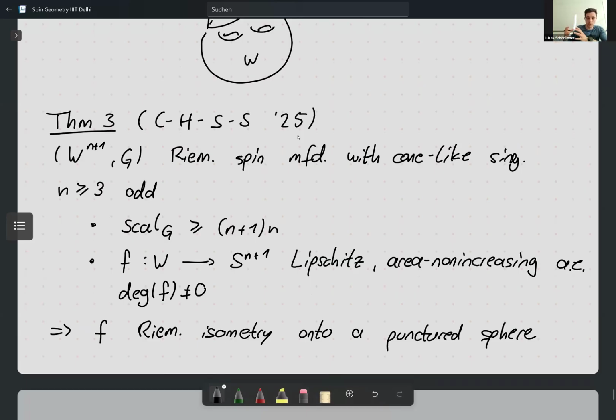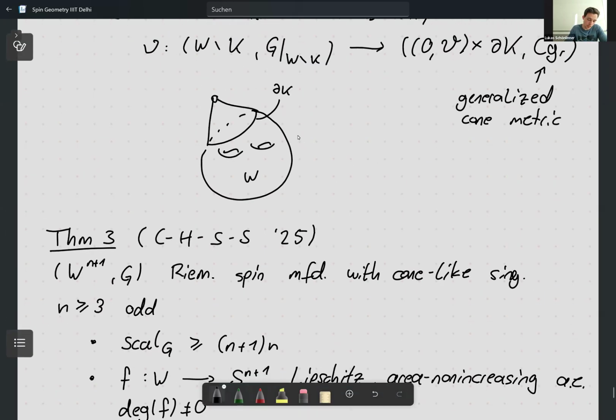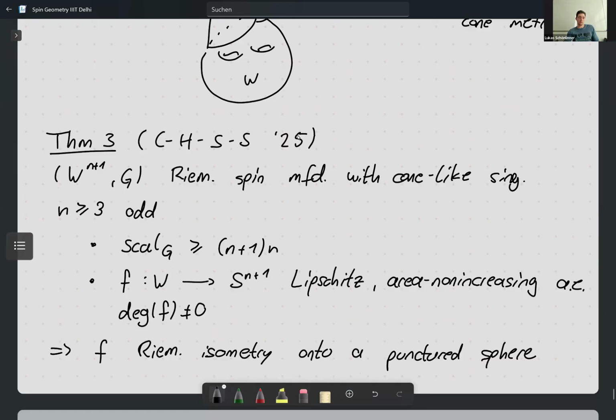You get a compact set, which is no longer, or in most cases no longer, a manifold, but you can take the metric completion of this manifold, and these cone points will map to points in the sphere, and if you take them out, you get this Riemannian isometry. So yeah, that's the second rigidity theorem that I wanted to talk about.